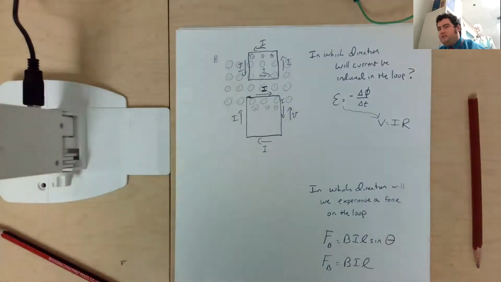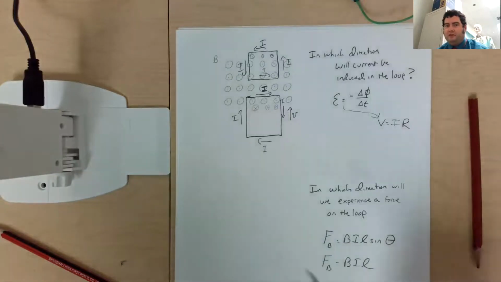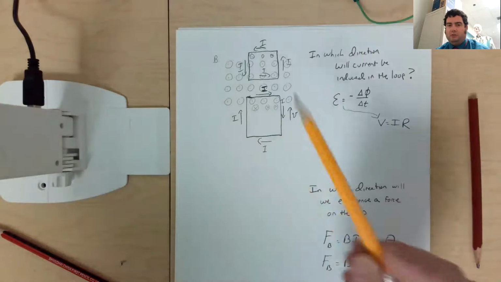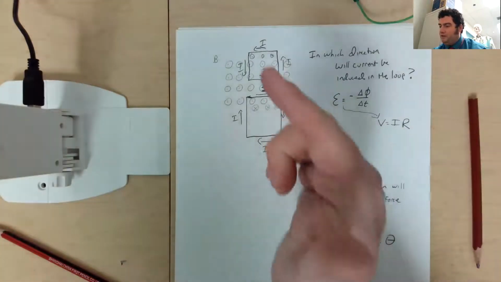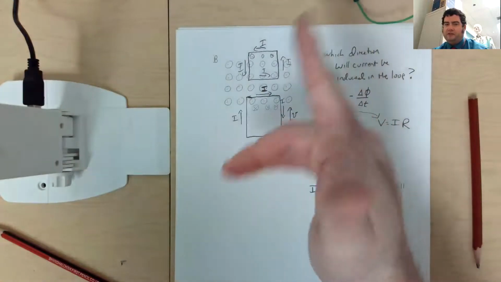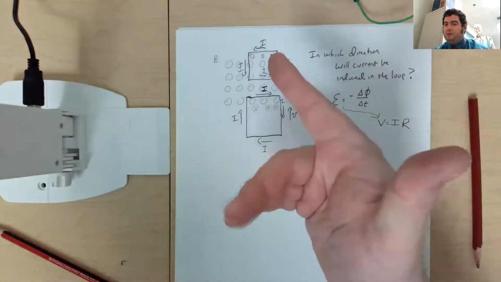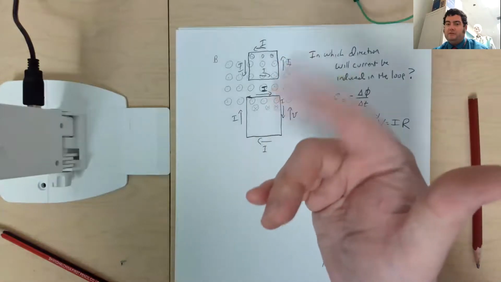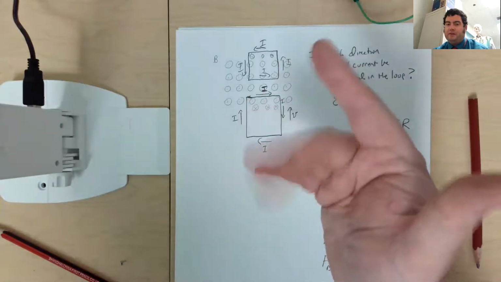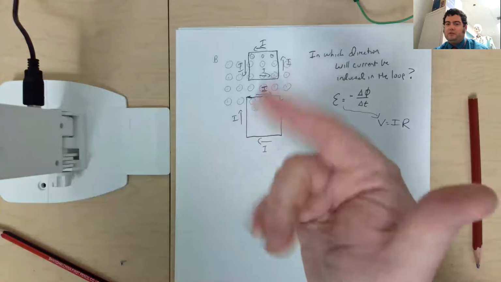So let's try to figure out what direction the forces are on different sides of our loop as it's entering. So you just are going to use this right-hand rule in this case. And it's the same right-hand rule we would use for charges moving through space. This is velocity, this is field, and this is force.